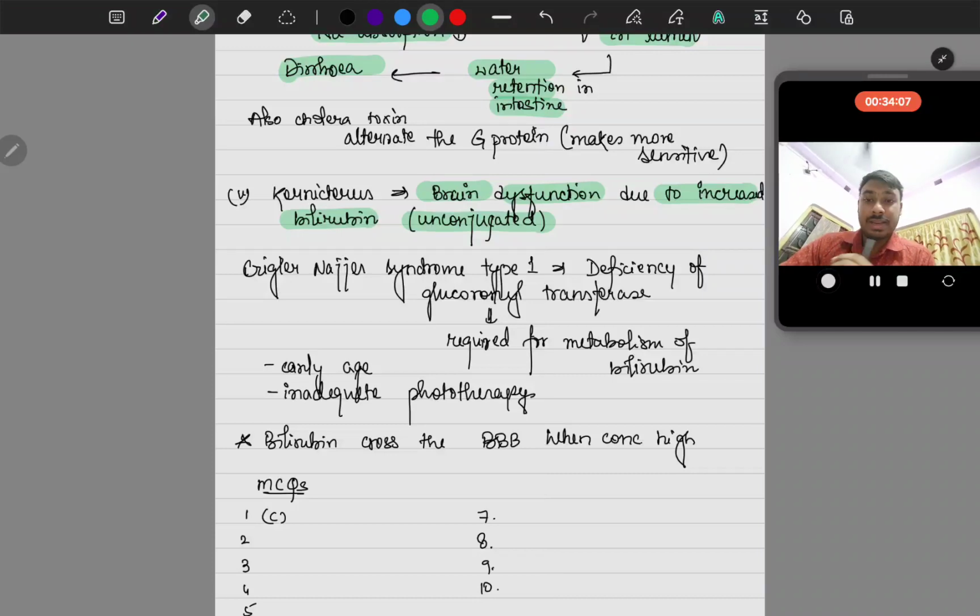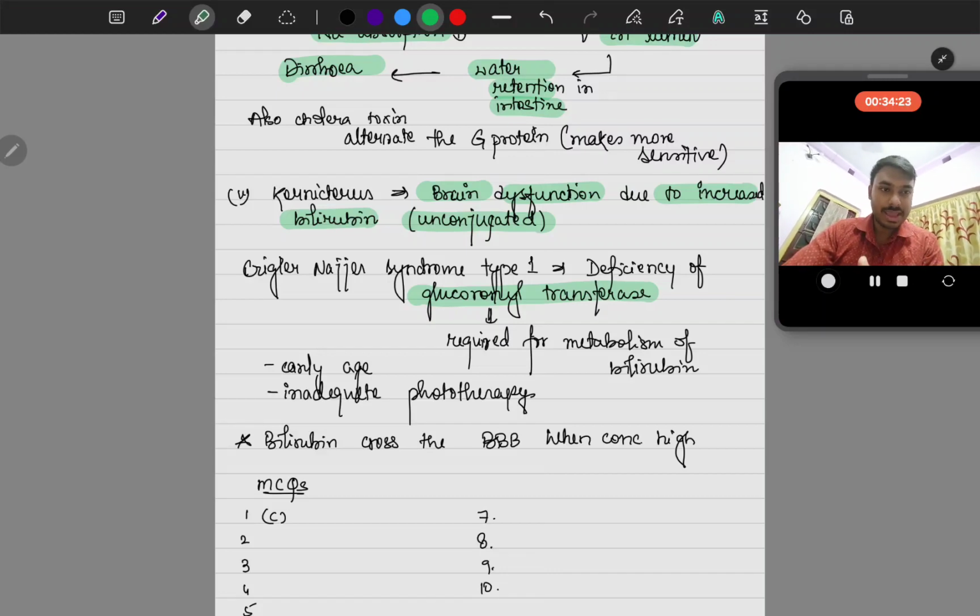In Crigler-Najjar syndrome type 1, there is deficiency of glucuronyl transferase. This enzyme is defective in this syndrome. Thus, the whole metabolism of the bilirubin is altered, and the unconjugated bilirubin is increased in the child's body, and it gets accumulated in different tissues including the brain, as it can cross the blood-brain barrier and accumulates in brain areas like the basal ganglia and midbrain.